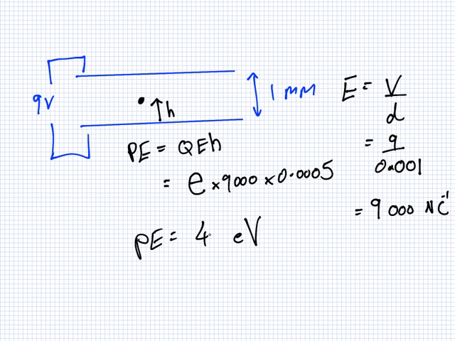Now there's actually a shortcut here. Each electron will have a potential energy of 9 electron volts when they're at the top plate. This is a benefit of using the unit electron volts.